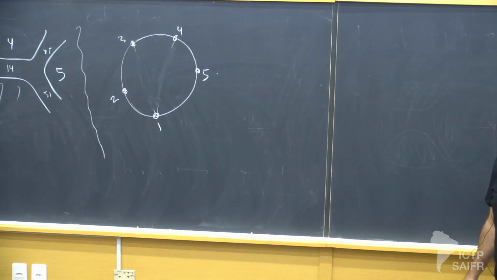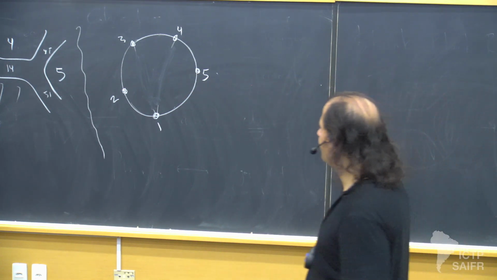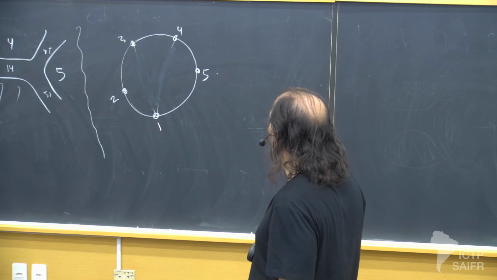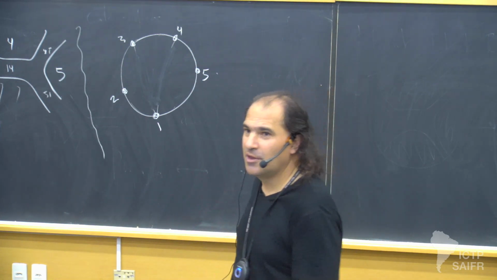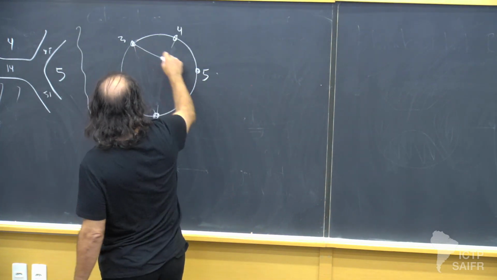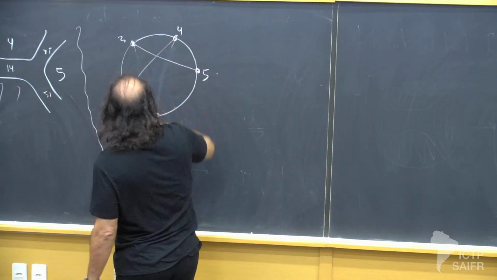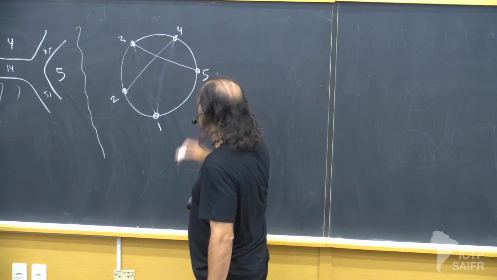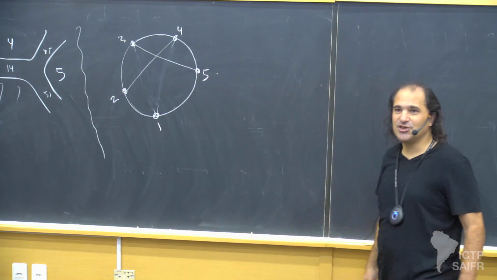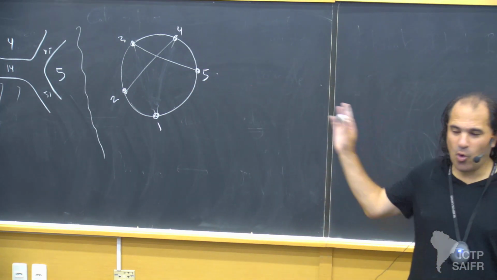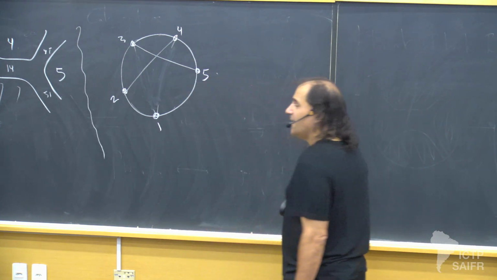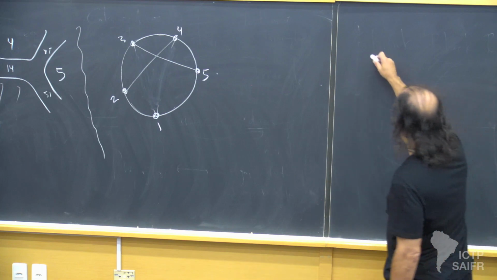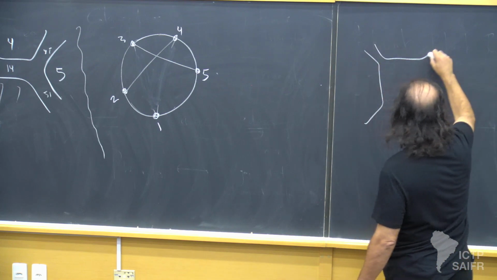We talked about yesterday that all the variables correspond to chords on the surface. So here's a chord, here's another chord, okay? These are crossed so they don't occur together in diagrams, but in any case, all the variables are associated with chords on the surface.